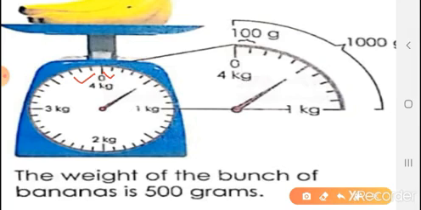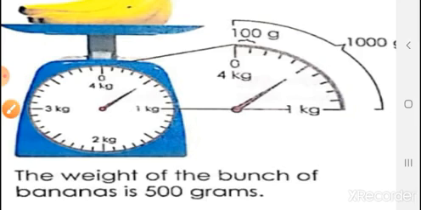You can see here. Where is this needle pointing? Yes, this is between 0 and 1 kg. Let us now find what each mark on the scale stands for.